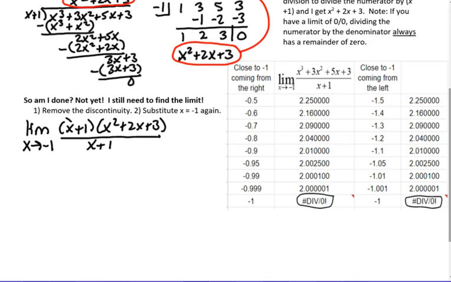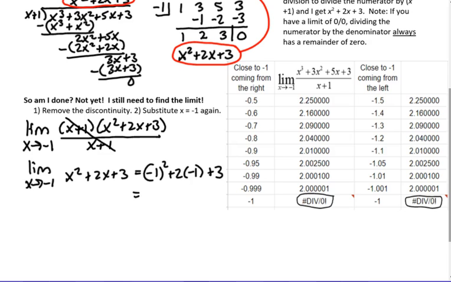This allows me to remove the discontinuity, remove the thing that makes the denominator and the numerator equal 0 so that I can actually find the limit. So now I'm going to take the limit of what's left over, x squared plus 2x plus 3, which means I'm going to substitute negative 1 into the function, negative 1 squared plus 2 times negative 1 plus 3, which gives me 1 minus 2 plus 3, which equals 2, and that's what we see in the spreadsheet.